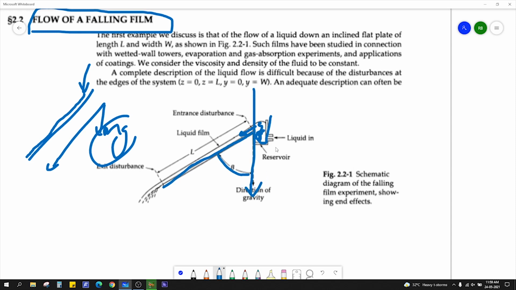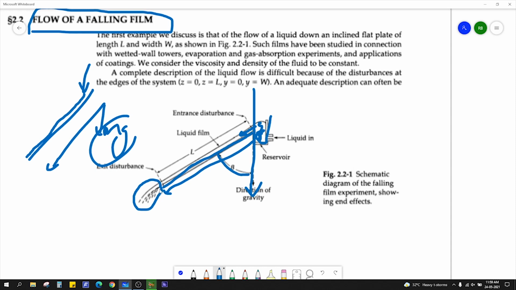We will see which axis to choose. And the length of the inclined plane is L. Now there is one important thing. See here, after the plane is finished, you can see the flow is not laminar.